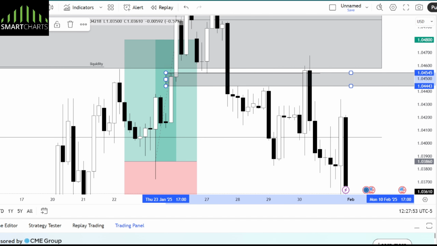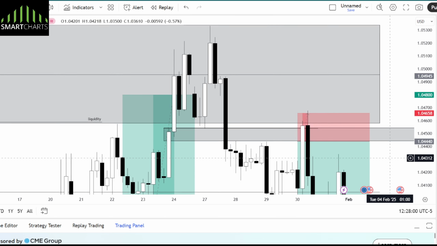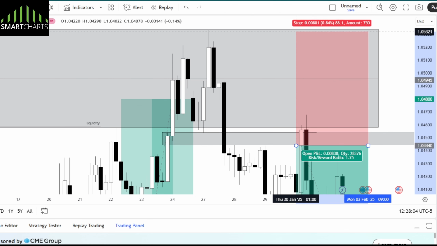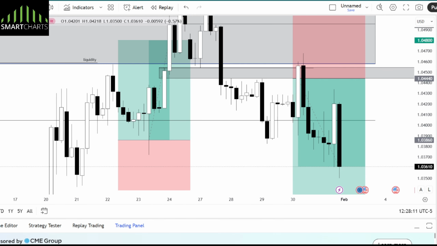Now let's take our shorts. We're going to be looking to short from this area, put our stop loss at the high that was created, this high right there, and we're going to be looking to take a 1:2 type of trade.